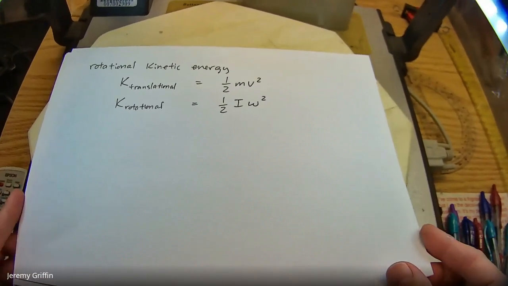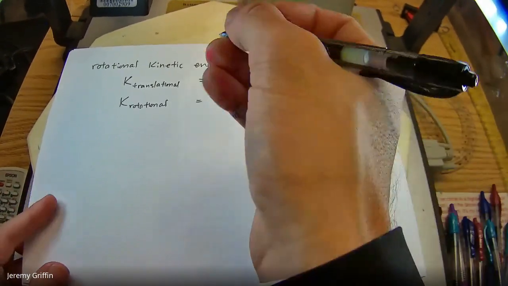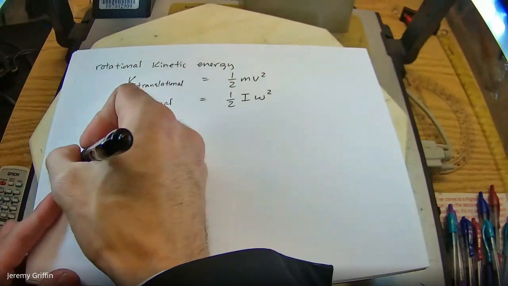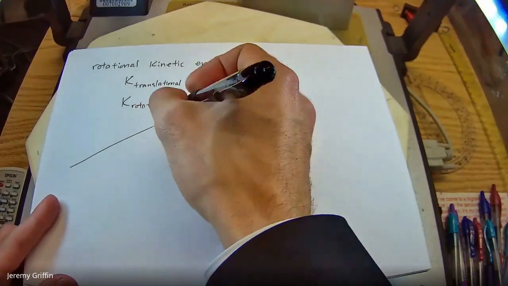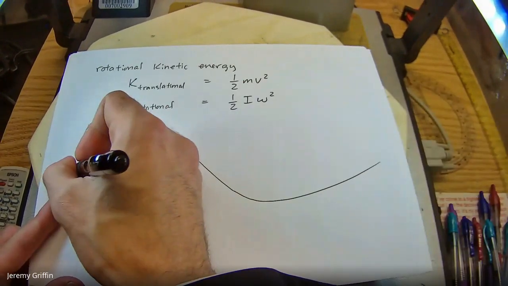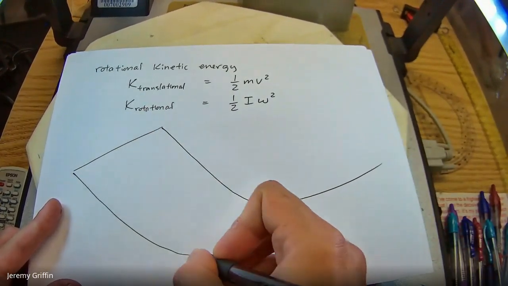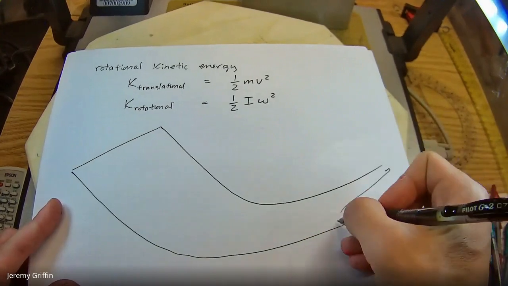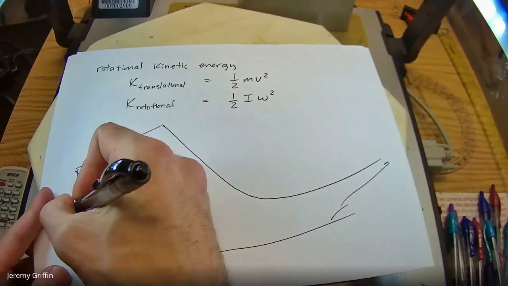So what can you do with this? What sort of application? Maybe you have an incline. I'm actually going to have this incline go up the other side too. I'm going to have a race between two objects.